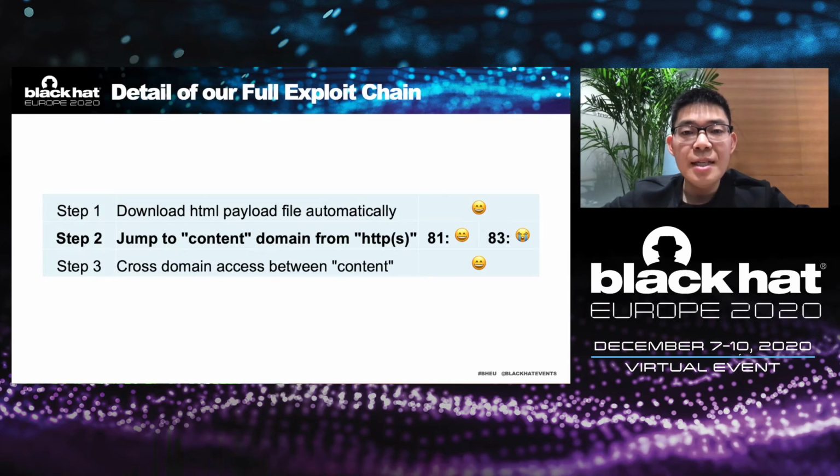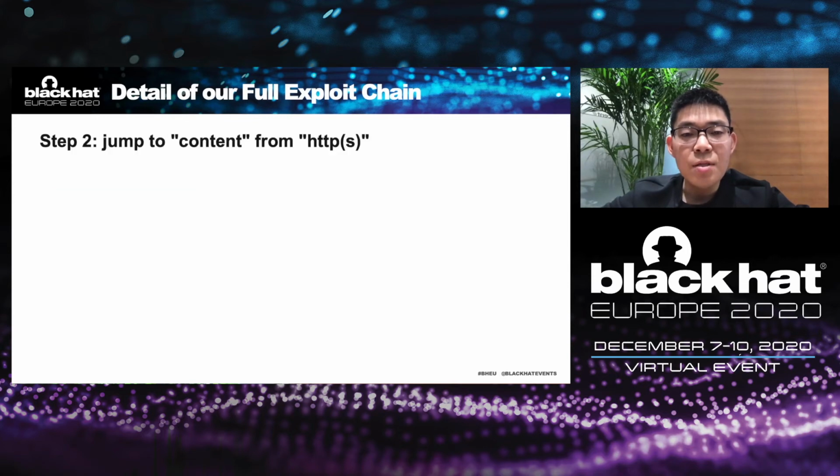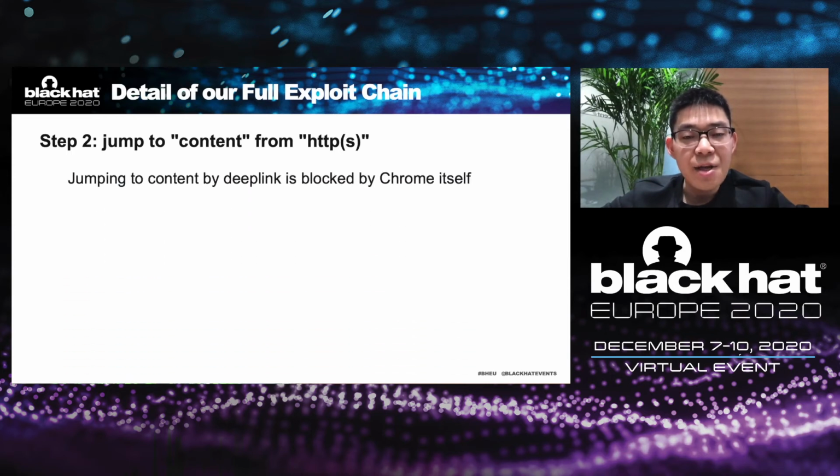So the current situation is like this. Everything is okay except for Chrome 83. Jumping to content by deep link is blocked by Chrome itself. Can we do it by deep link out of Chrome?